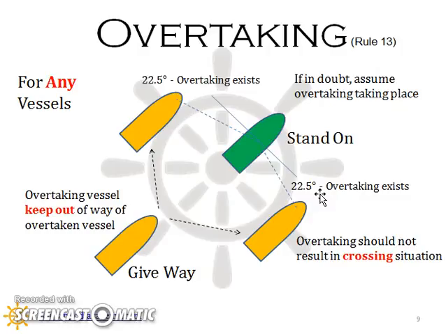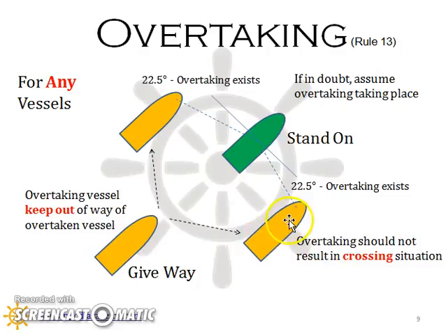At night, once you can see the side light, that means the green light or the red light of the stand-on vessel, you are in an overtaking situation. In any case, an overtaking vessel must keep out of the way of the overtaken vessel. And when you are overtaking, it should not result in a crossing situation.